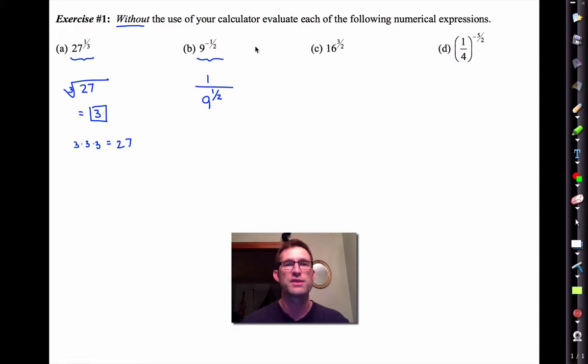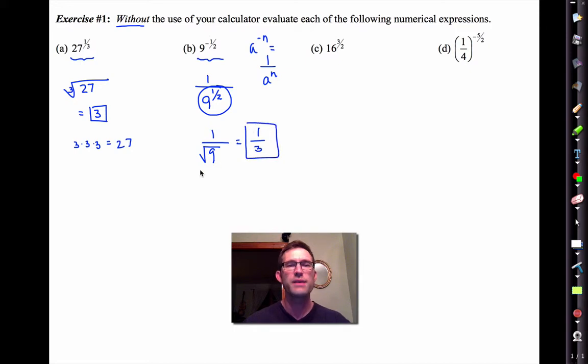That's that property that just says a to the negative n is the same as 1 divided by a to the n, okay? But now I can change that into a square root, all right? So I'll have 1 divided by the square root of 9, and that would be 1/3.